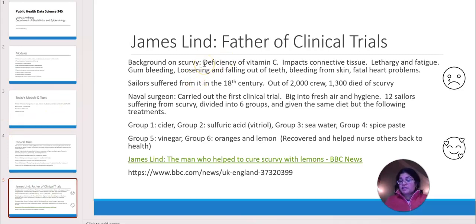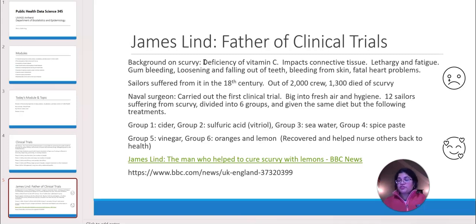It's really an awful disease, and it is caused by deficiency of vitamin C. Unlike animals, we humans cannot make vitamin C out of the food we eat. We need to get it. And at that point, people didn't know about the importance of vitamins. And a deficiency of vitamin C impacts our connective tissue because there's a key protein we need to produce in order to keep our connective tissue healthy.